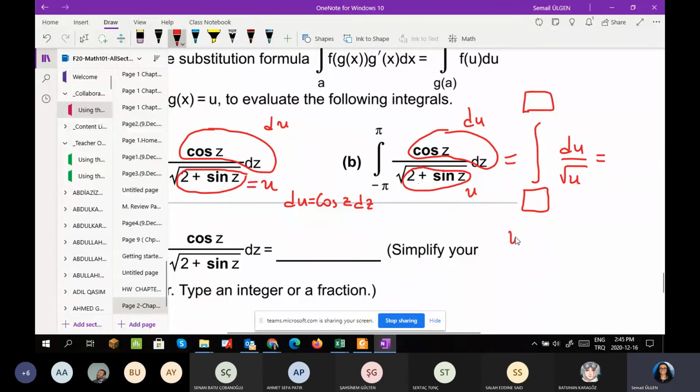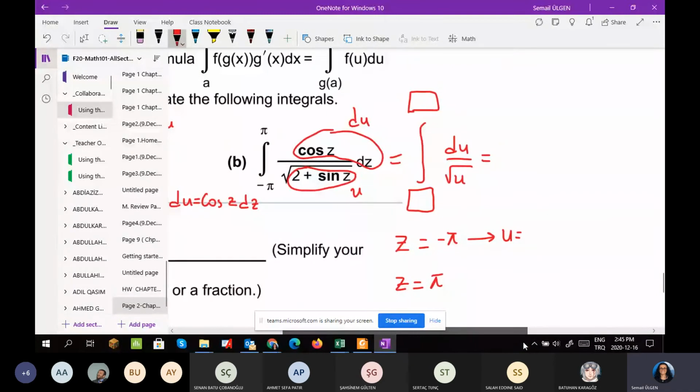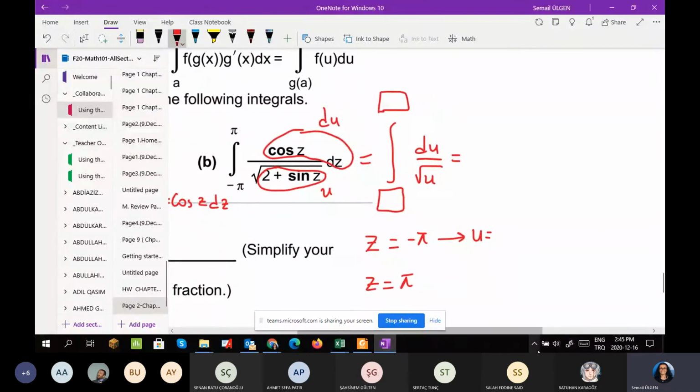Here, the z values are first negative pi, and then another value is pi. So whenever z is negative pi, u becomes, so what is that? Let's move a little bit towards the right. Do this part. And then u is equal to 2 plus sine z, yeah?